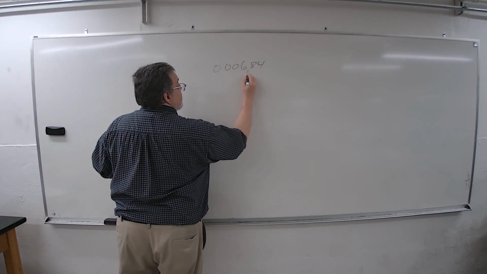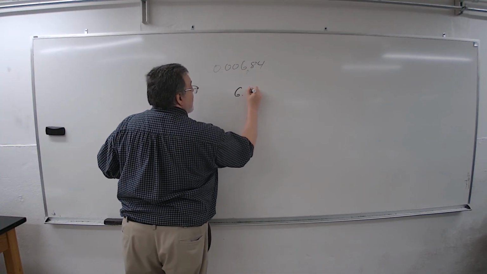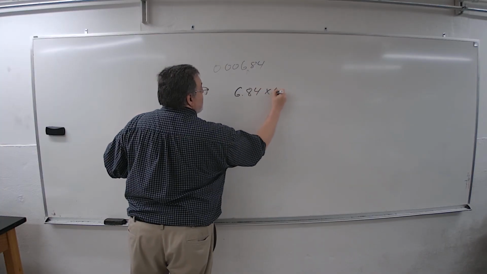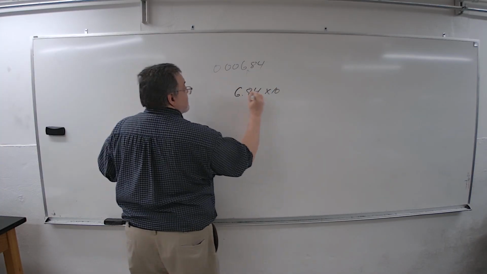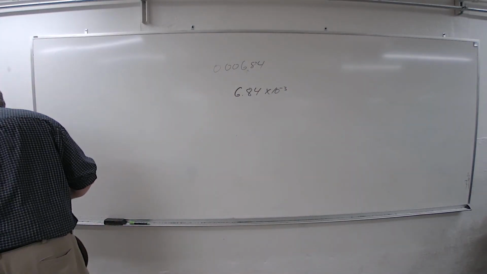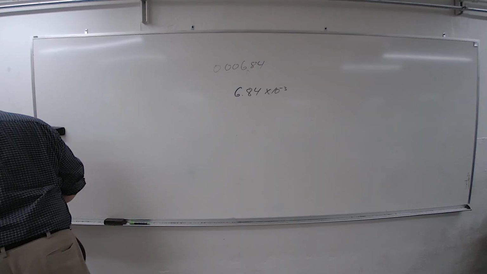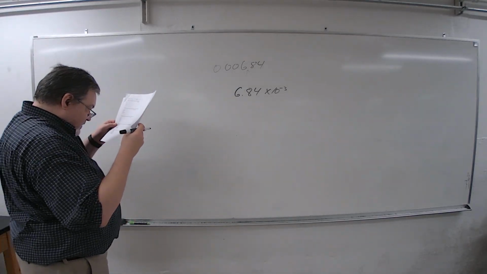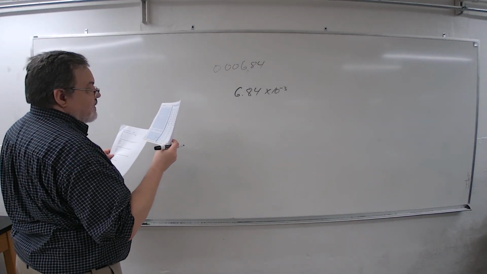So 1, 2, 3, so we want 6.84 times 10 to the negative 3. And that is B.